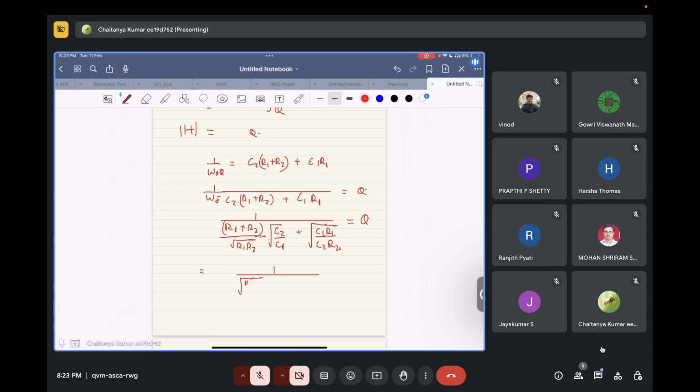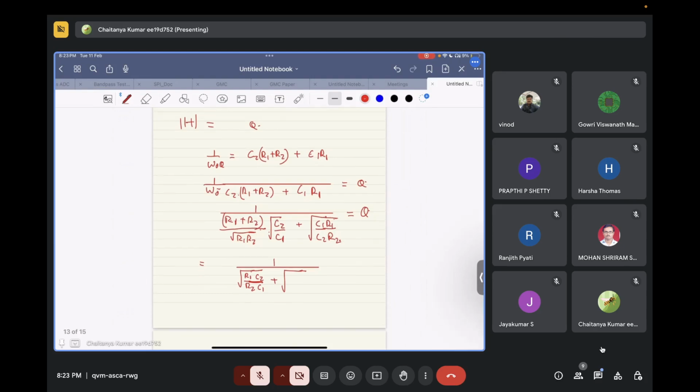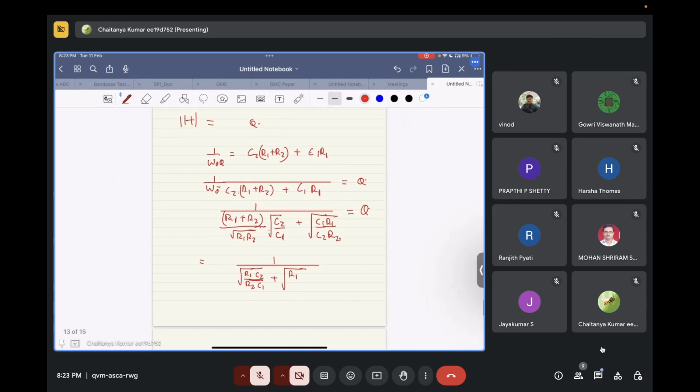We have square root of R1 C2 by R2 C1 plus square root of R2 C2 by R1 C1 plus square root of R1 C1 by R2 C2.